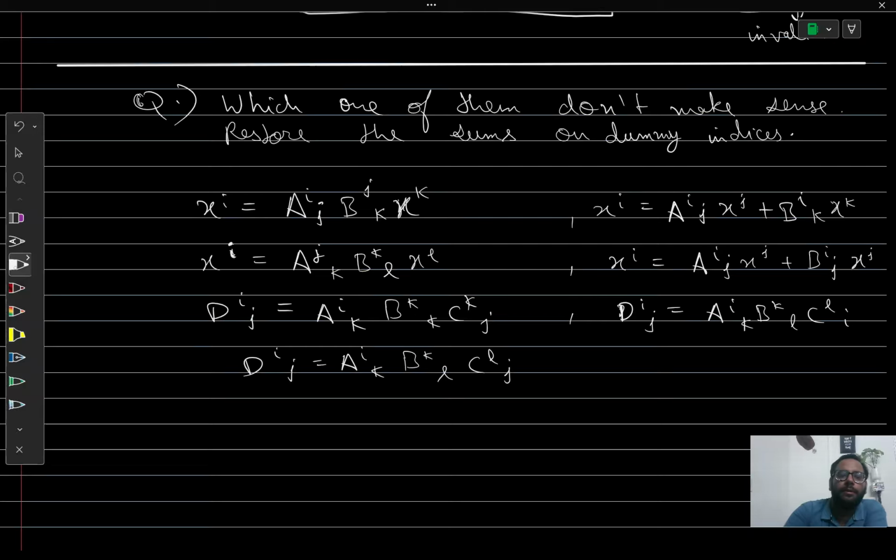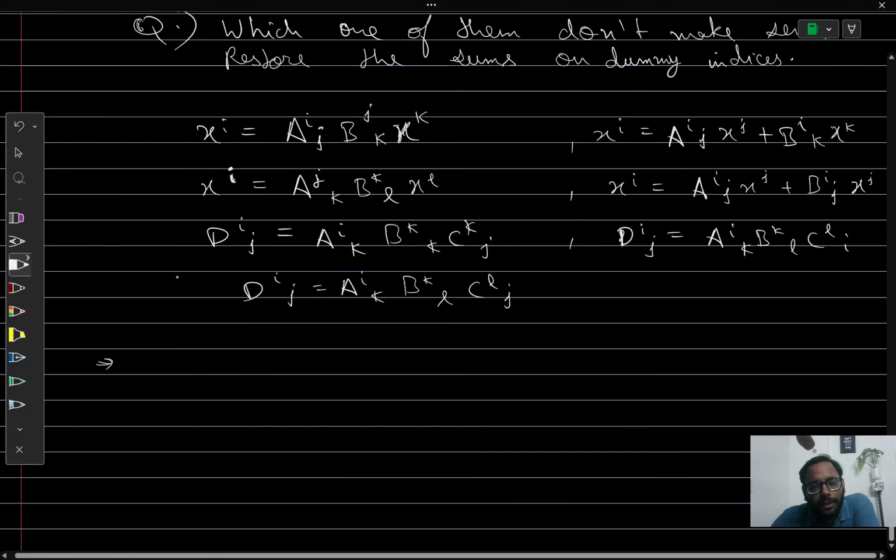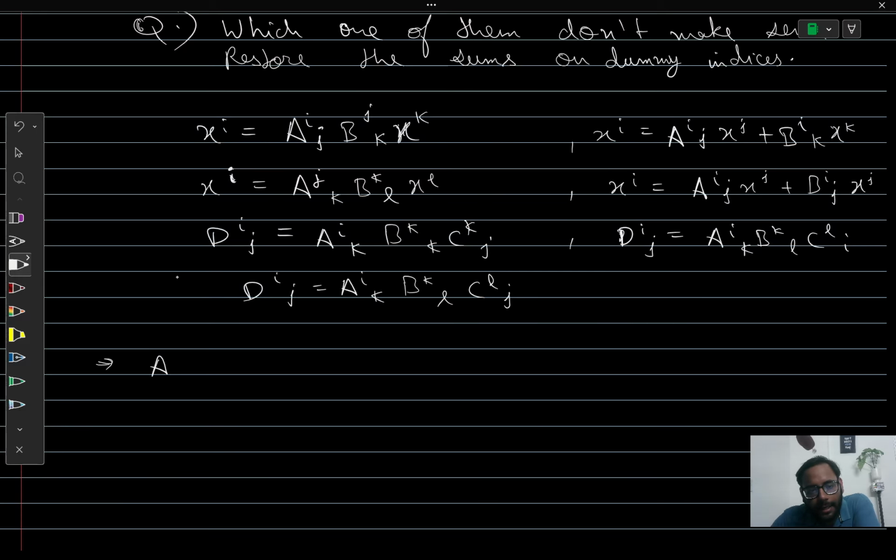So remember, when you are writing any tensor like this, don't worry about what a tensor is; we will read that later. But just remember, if you are writing any indices, suppose this is here, then below it there should be a vacant place, where you can write other indices, and above it there should also be a vacant place.